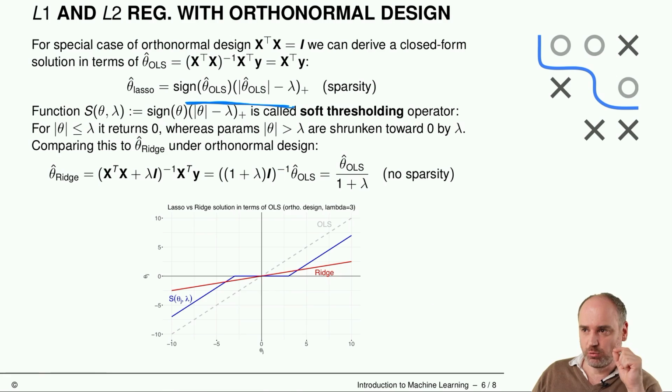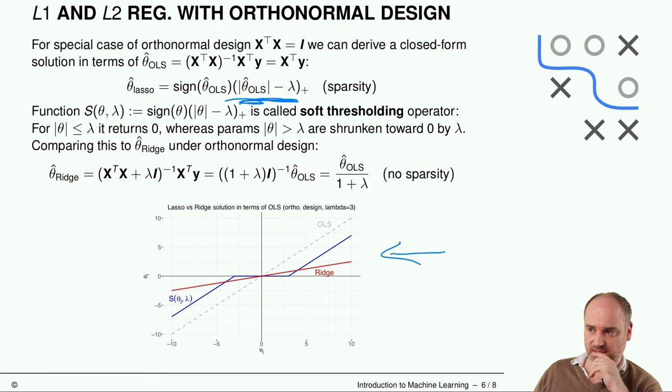We take the parameters from our OLS estimator, the unregularized solution, subtract lambda, the complexity penalty, and do a capping at 0. If the absolute value of theta is less than lambda, then this function will return 0. But if it's larger than lambda, we do this type of shrinkage here. We also multiply everything by the sign so that the sign stays. I guess this might be easier to look at by visualization.